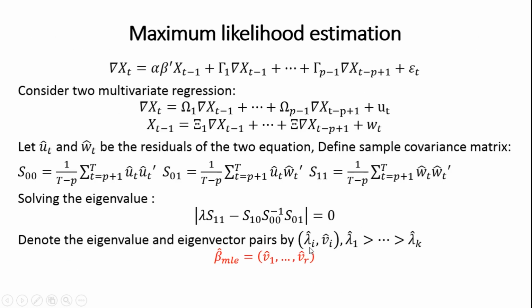So for maximum likelihood estimation, we consider two multivariate regressions. The first is the differenced regression, the relationship between the differenced vector and lags up to order p minus 1, and we have the estimate of the lagged vector as a function of the differenced lag vector.